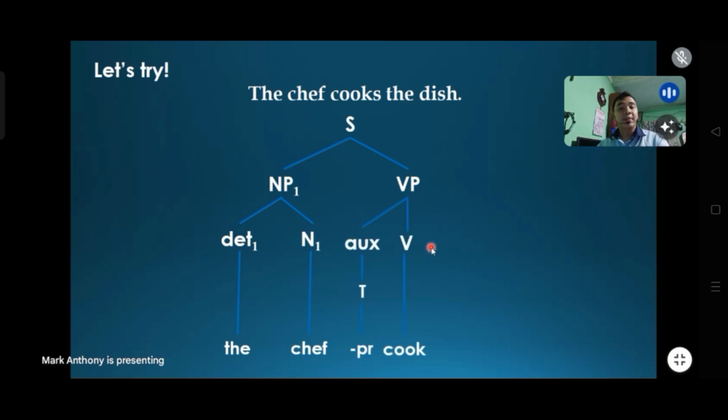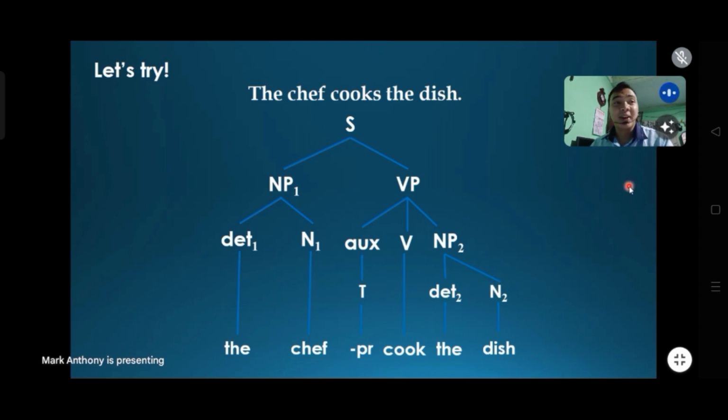However, under the verb phrase, we have the verb cook, in which the T means the tense, which means present. The verb is in present form. Next to the verb, it is followed by another noun phrase, which is divided into its subconstituents, the and the noun itself. So there you have it.